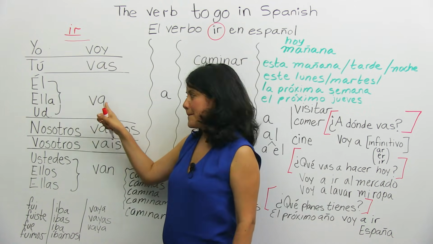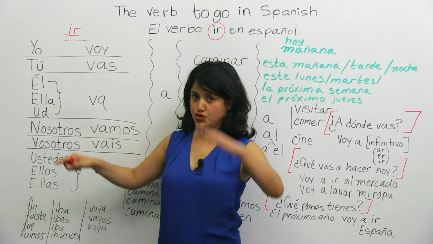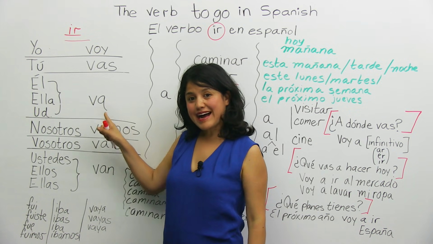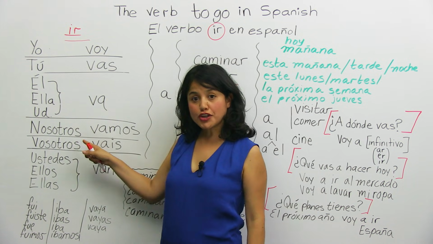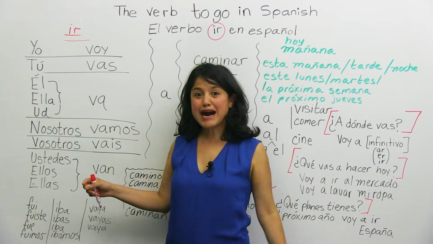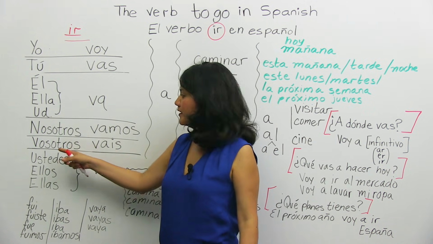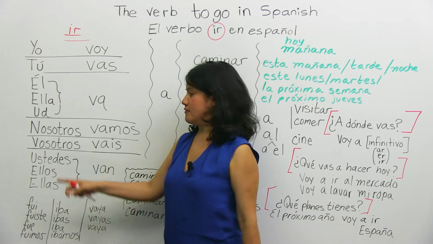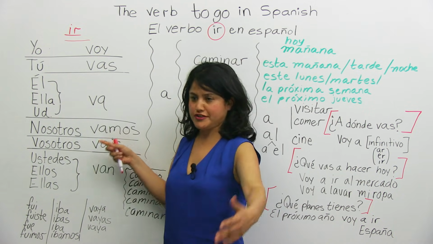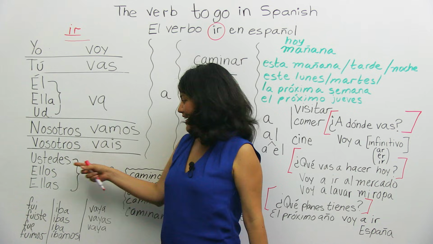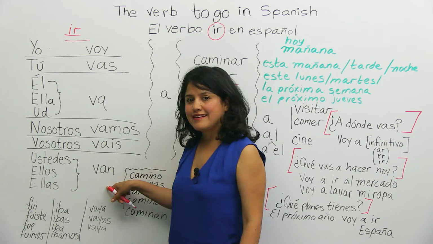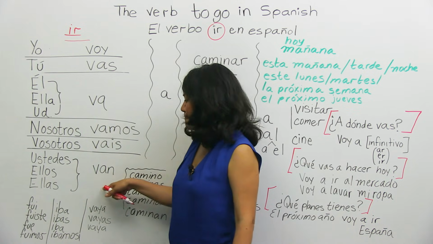Ella va. Usted, remember, formal, usted va. Nosotros vamos. We go. In Spain they say vosotros vais. Vosotros vais. Ustedes van. Ellos van. Ellas van.